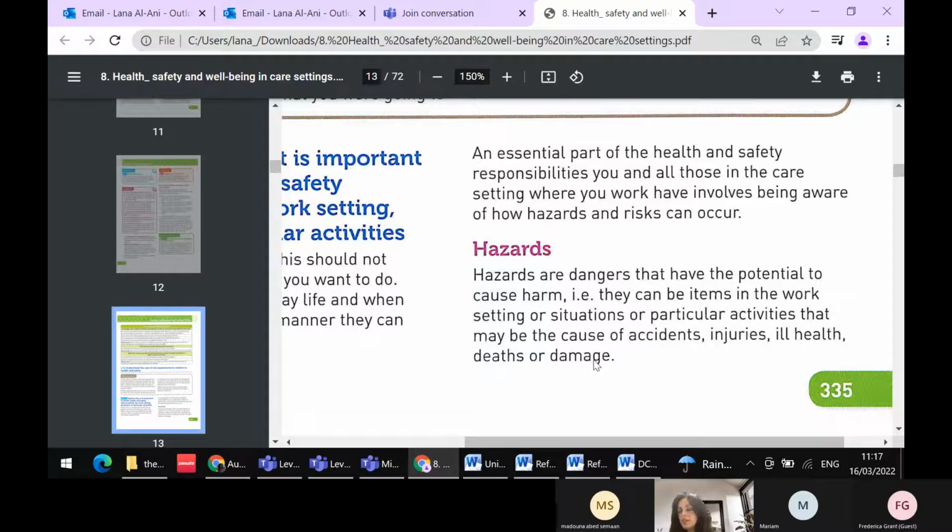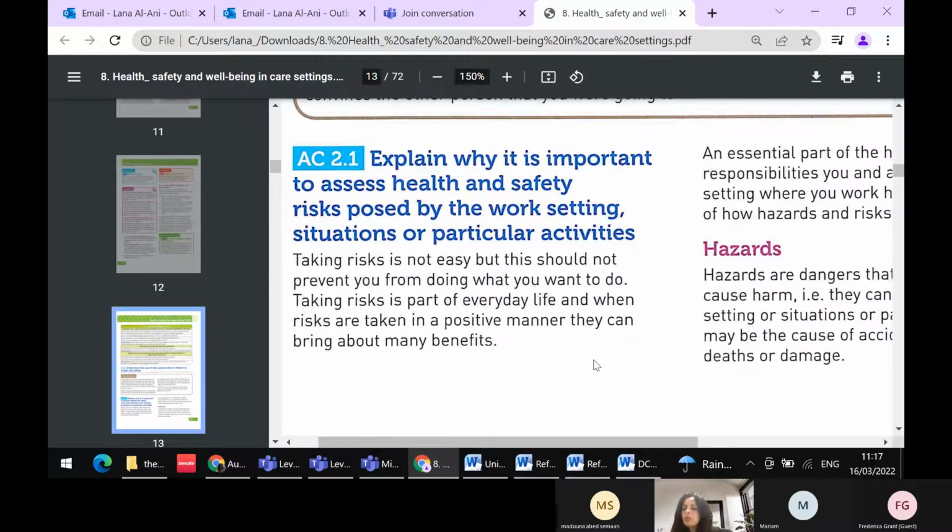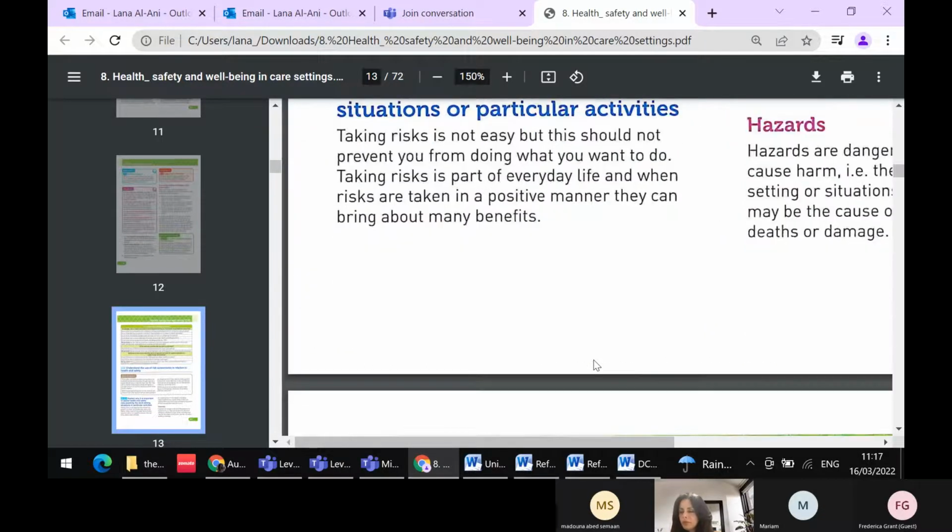Is it really dangerous? Then we have to work immediately on it. Is there any accident happening all the time from certain situation? Any ill health or any death or damage has happened? So if we assess that, we know what we need to take care of in the future.